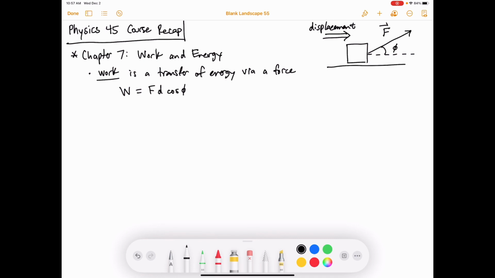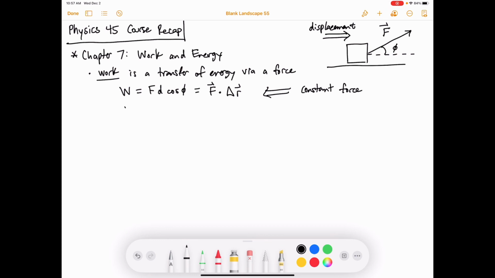And there's an equivalent way of writing this in terms of a dot product, which is the force vector now dotted with the displacement vector. These are just saying the same thing. Now, this only works, by the way, if we have a constant force. So the assumption, if you use either of these formulas, is that the force in question is not changing.